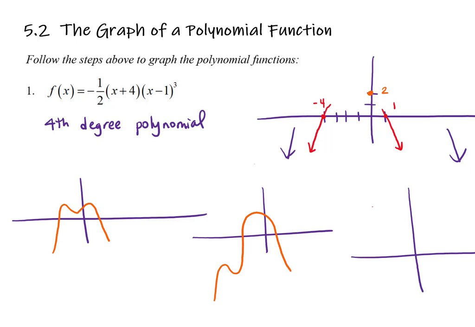So it could be going through the 4, the 2, the 1, and then having a turning point there. We really don't know. We just know that we have a maximum of 3, and it might not even have all 3. It might just have 1 turning point. But we do know that we have possibilities.